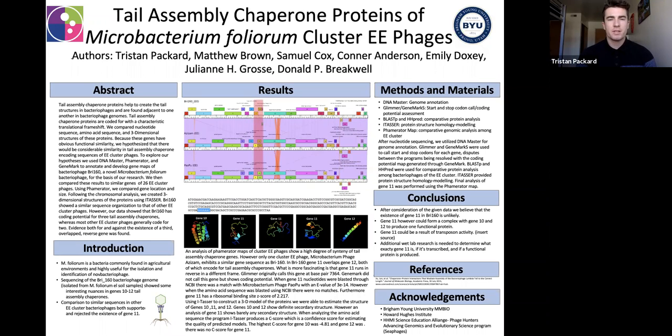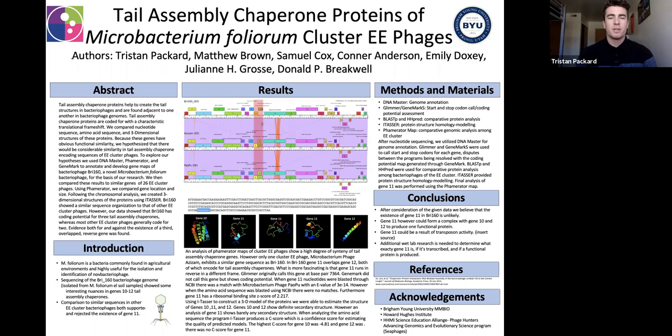What we found was that there were 4 tail assembly chaperone genes in our phage BRE160, and most other cluster E phages only had 3. So we looked into this more and found that we did have one more gene than other phages, and that it overlapped one of our genes.